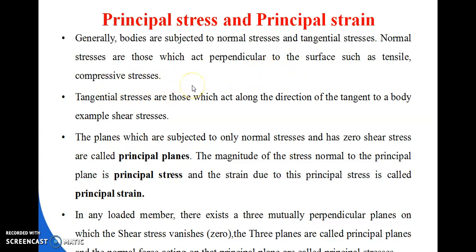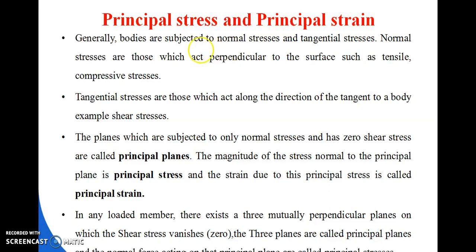You know that whenever a body is subjected to a loading system, you know about the stresses, that means the internal resisting force per unit area.